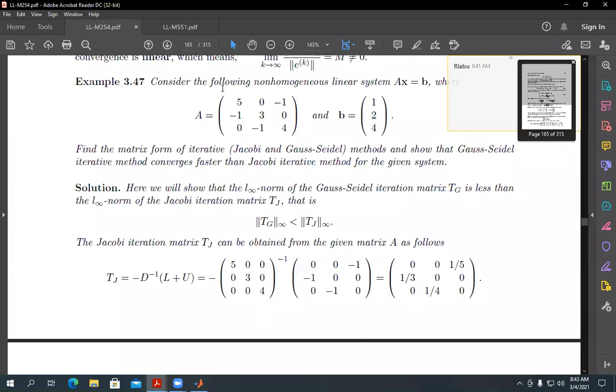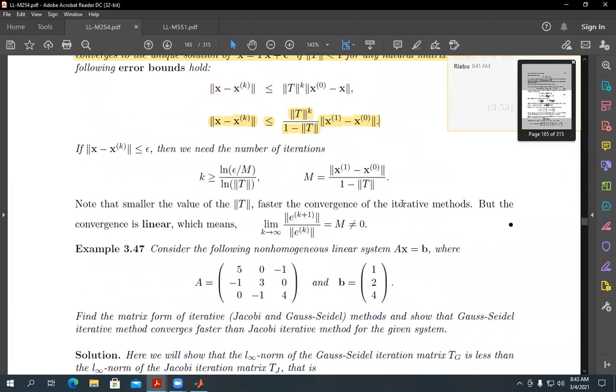He says, consider the following non-homogeneous linear system. Find the matrix form of the Jacobi and the Seidel method, and show that the Gauss-Seidel method converges faster than the Jacobi method.